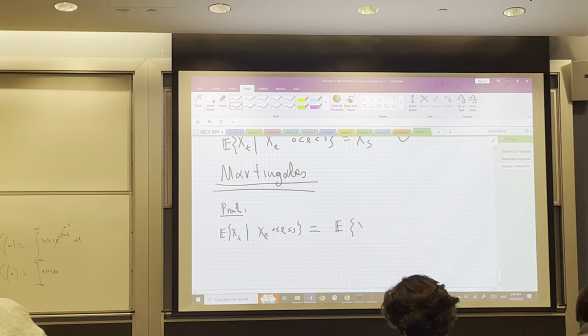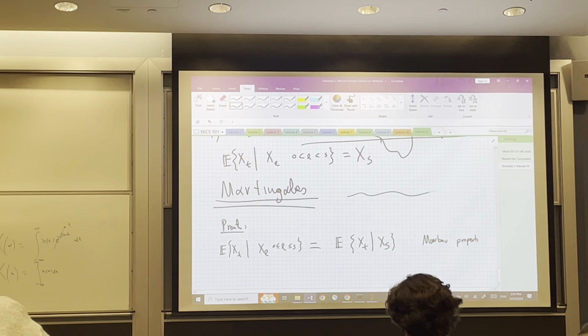And why? Markov property. We said it earlier. Given the present, the future is independent of the past. So I can drop everything else.